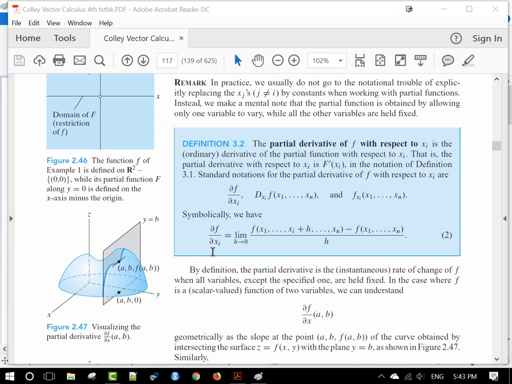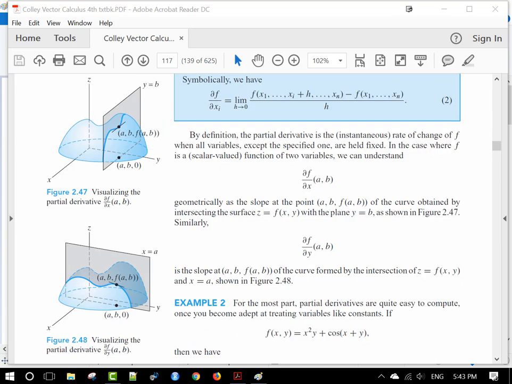And here's the other case, holding x fixed. Setting x equal to a, for example, we slice the surface like this, we get this curve, and then we can find the derivative of that curve, and that's called the partial derivative with respect to y, because only y is changing, x is fixed.